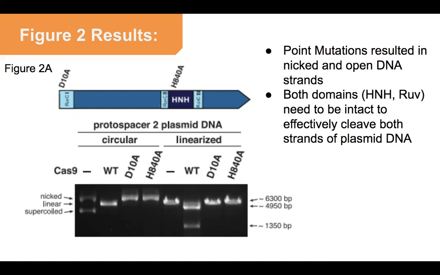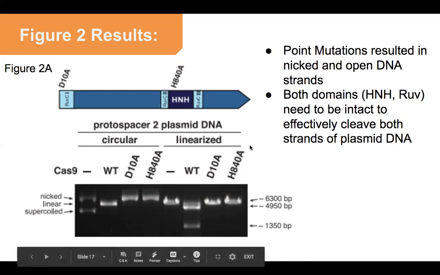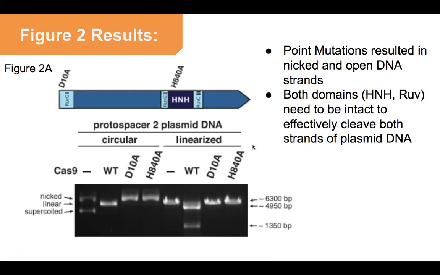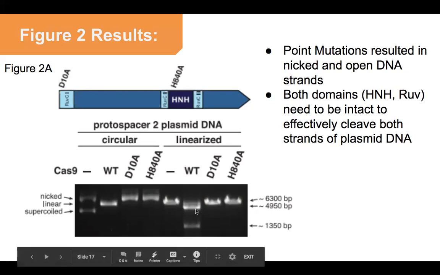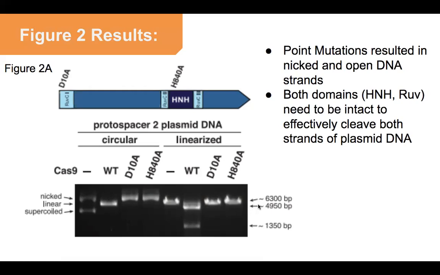The DNA product is nicked, and this carries over to the linearized DNA. The mutation at the histidine on HNH and the aspartic acid on the RuvC domain result in nicked DNA products, unlike the wild type, which is going to cleave that DNA piece and then put everything back together. And you're not going to have open nucleic acids exposed to the external environment.